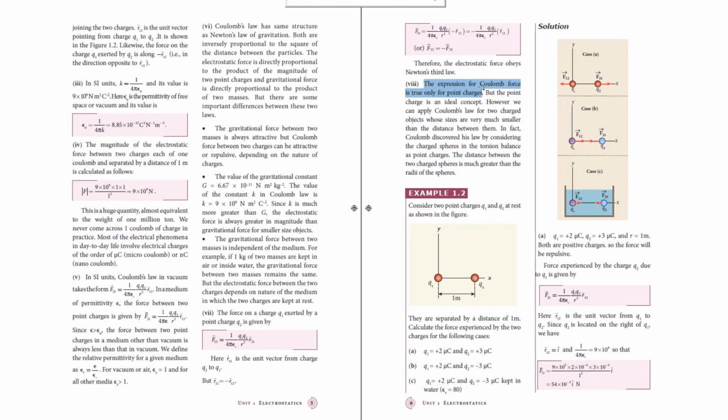And the next point, we spoke about Coulomb's law in medium and Coulomb's law in vacuum, and there we have a formula for relative permittivity also, that is epsilon by epsilon naught. And next one, Coulomb's law is also similar to Newton's law of gravitation, and then we compared the value of the gravitational constant as well as the Coulomb's law constant.